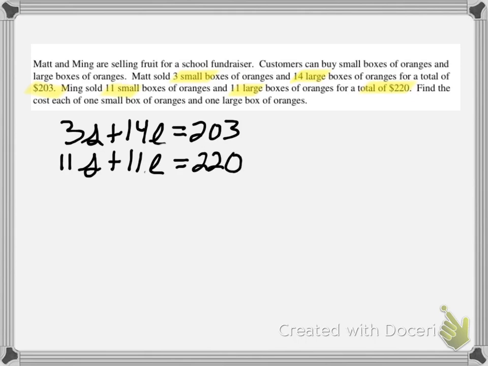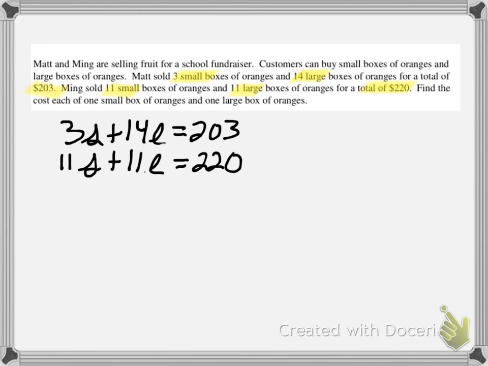Alright, so now this is one of those that's a little more challenging on the elimination part. There's nothing I can multiply 3 by to get -11, and I can't do the same thing by L either. So this is one of those where you're going to have to multiply both the top and the bottom equation by something. So I think I'm going to cancel out my S's, and when I look at 3 and 11, the smallest number they both go into is 33.